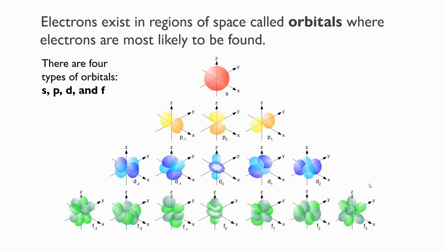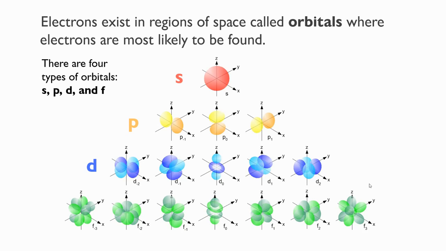There are four types of orbitals: the s orbital, the p orbitals, the d orbitals, and the f orbitals. The s orbital is that red sphere up there. All s orbitals are spherical like that. There are three different p orbitals, one for each axis. They're all dumbbell shaped, but they're all oriented differently. There are five d orbitals.